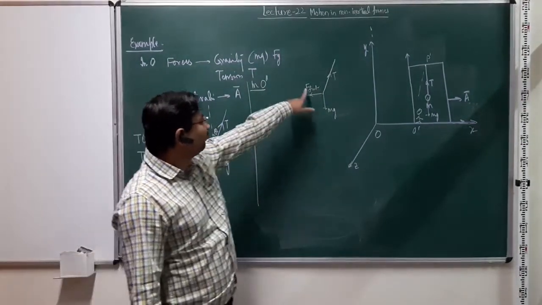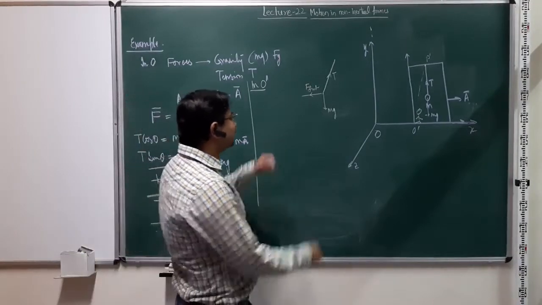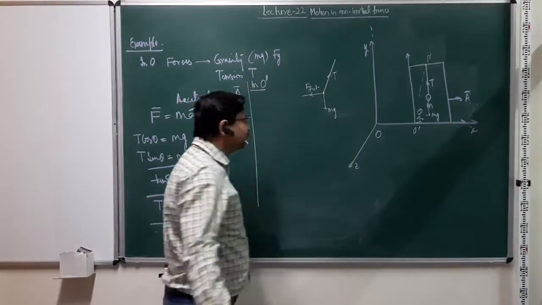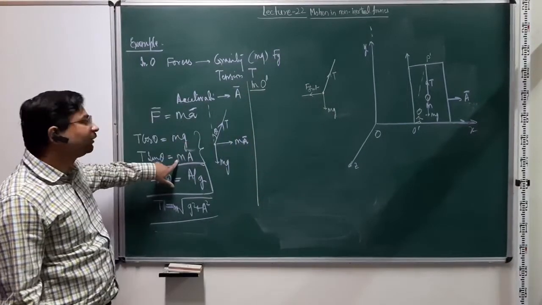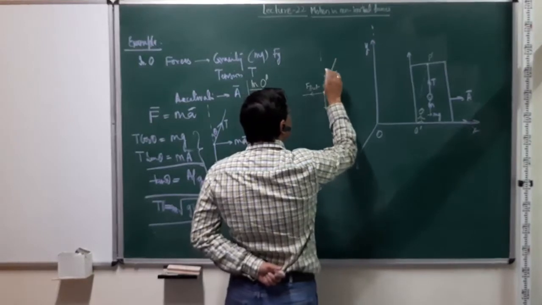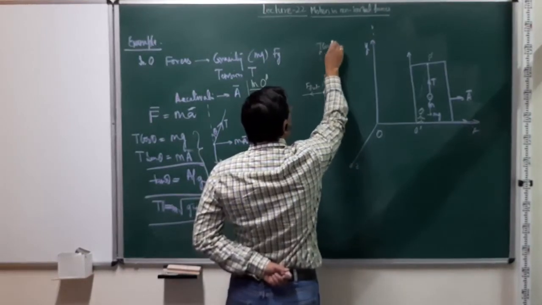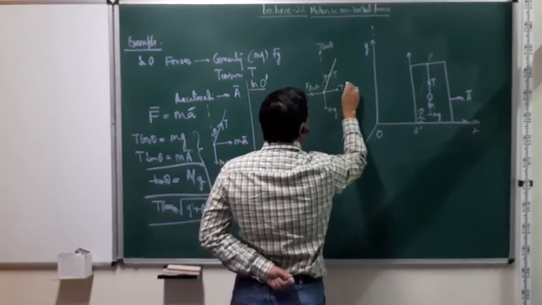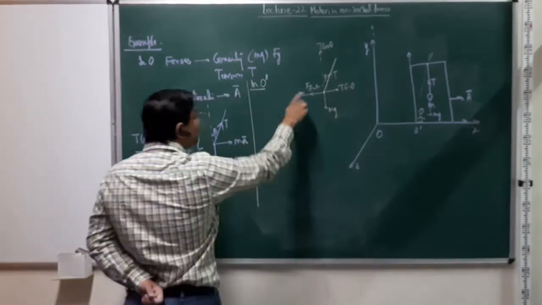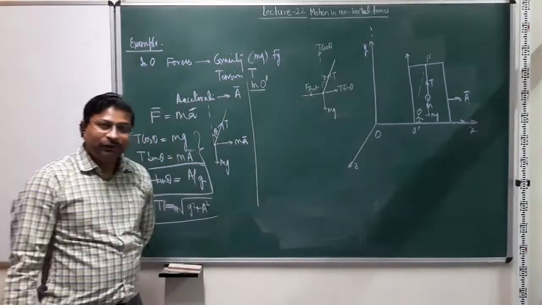And the equations of motion are, since the mass is stationary, there is no acceleration of the mass. That means, if this is theta, then the vertical component, T cos theta, and the horizontal component, T sin theta, are exactly balanced by the fictitious force and the mg.